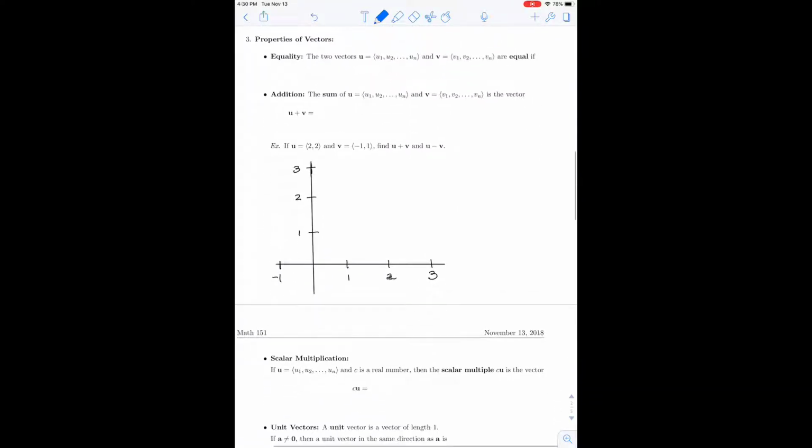I want to mention some properties of vectors. Two vectors are equal if each of the components of those vectors are equal.